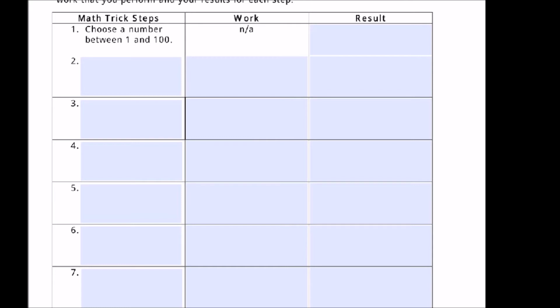Alright, so I'm going to multiply by 2. And then I'm going to add 20. And then I'm going to divide by 2.